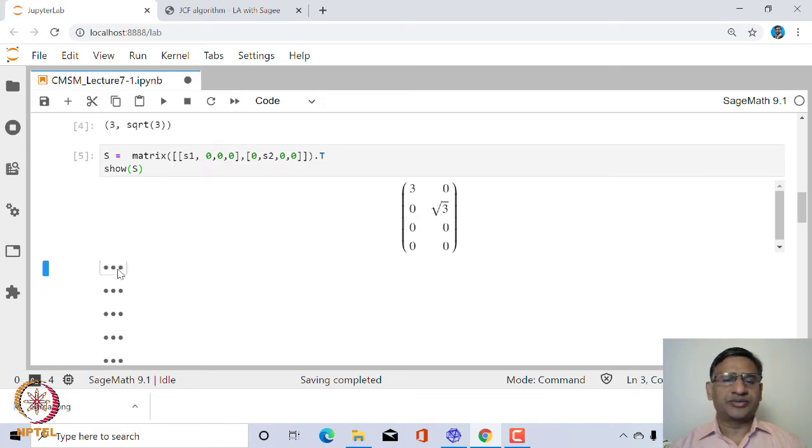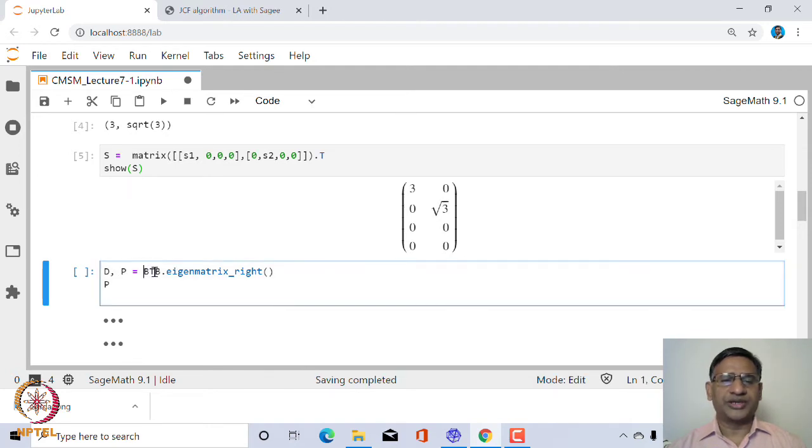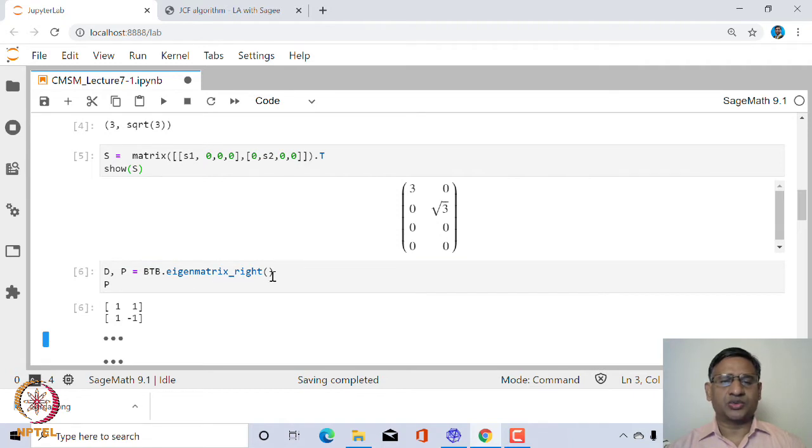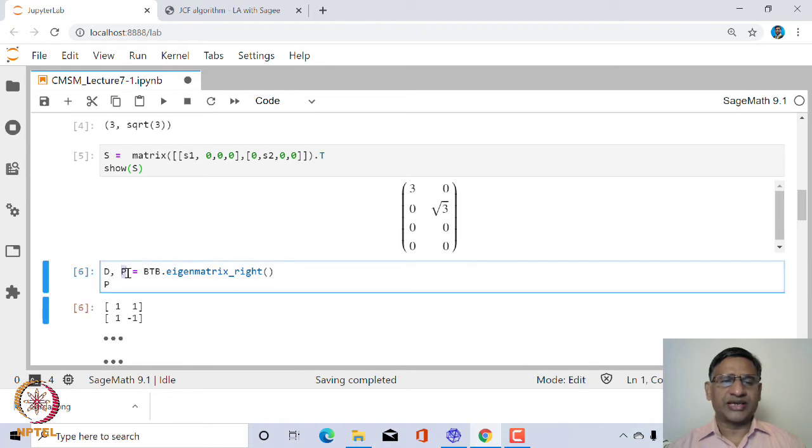Next, we have already found the eigenvalues of B transpose B. Now we need to find the eigenvectors. So let us find eigenmatrix_right of B transpose B, and it gives you the diagonal matrix and the diagonalizing matrix P. So here P is 1 1, and 1 minus 1, that means 1 1 is an eigenvector corresponding to eigenvalue 9, and 1 minus 1 is an eigenvector corresponding to eigenvalue 3.